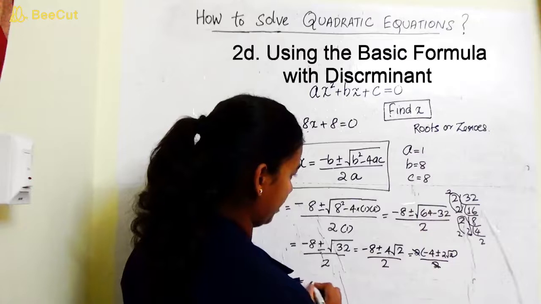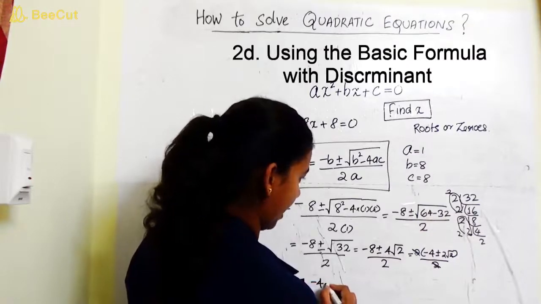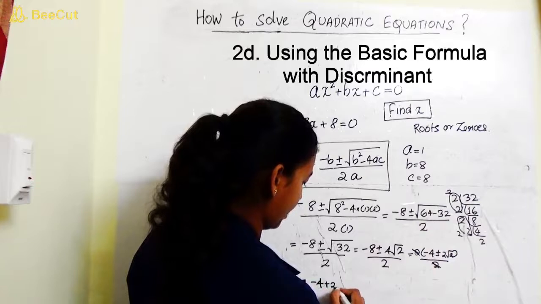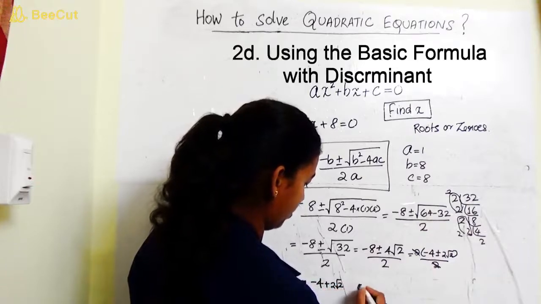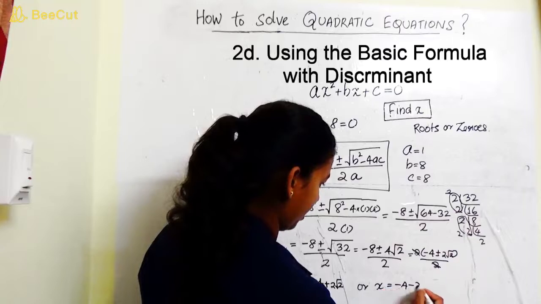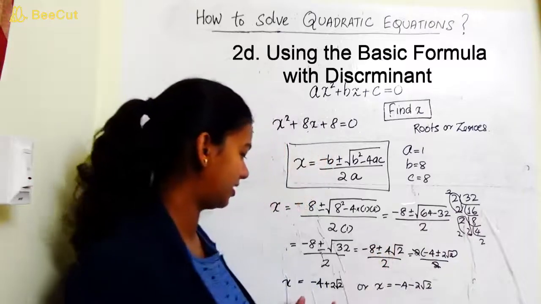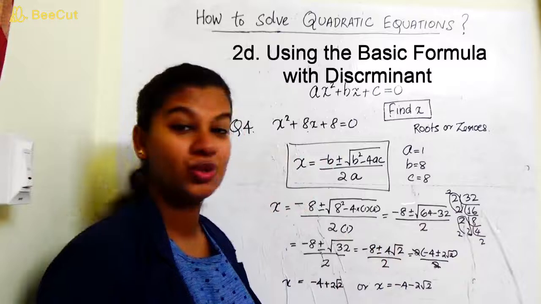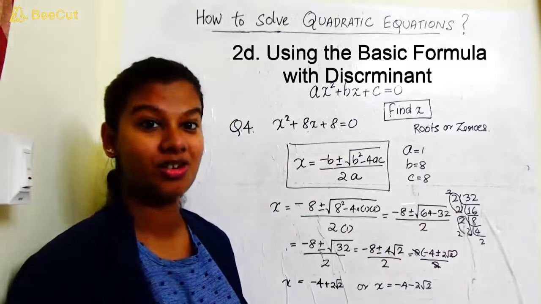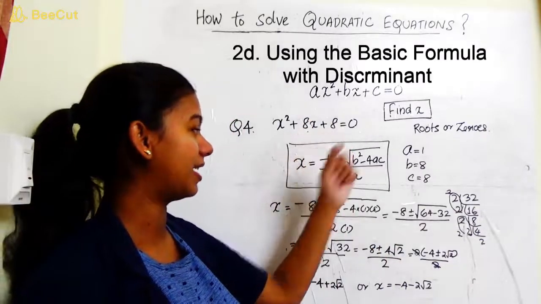So the answer is x equal to minus 4 plus 2 root 2, or x equal to minus 4 minus 2 root 2. So these are the two roots or the zeros of the quadratic equation x square plus 8x plus 8.